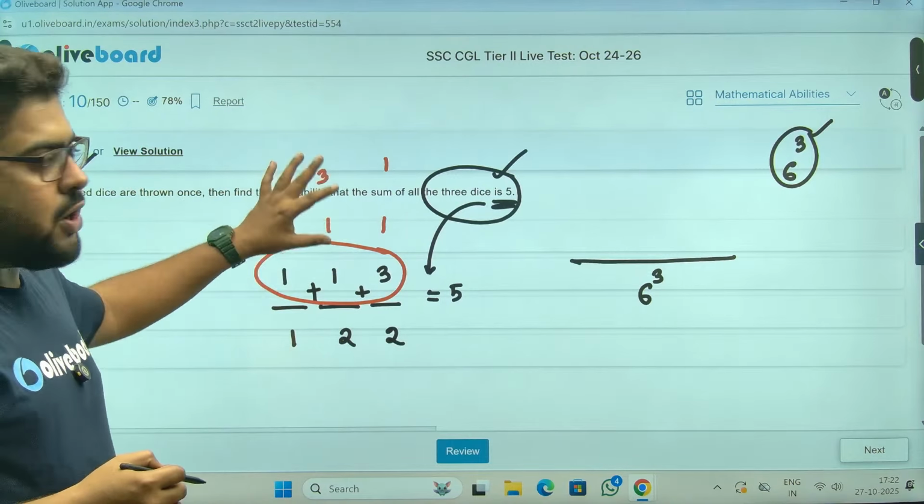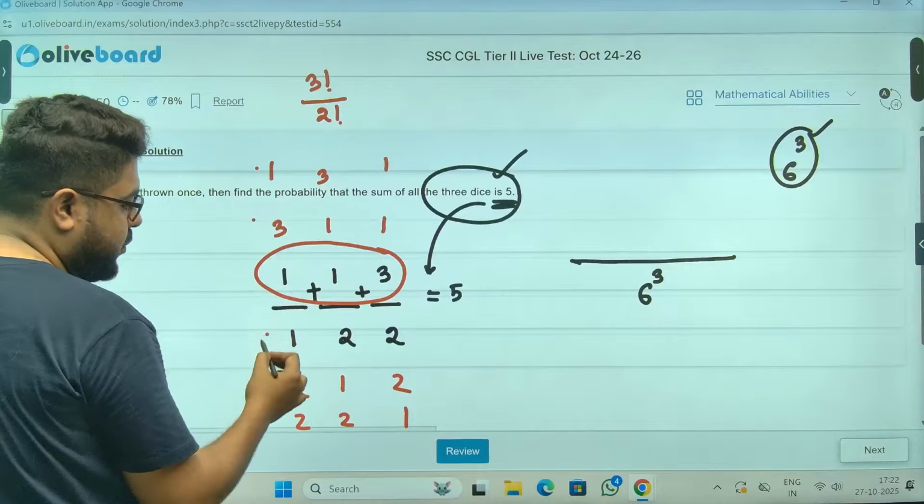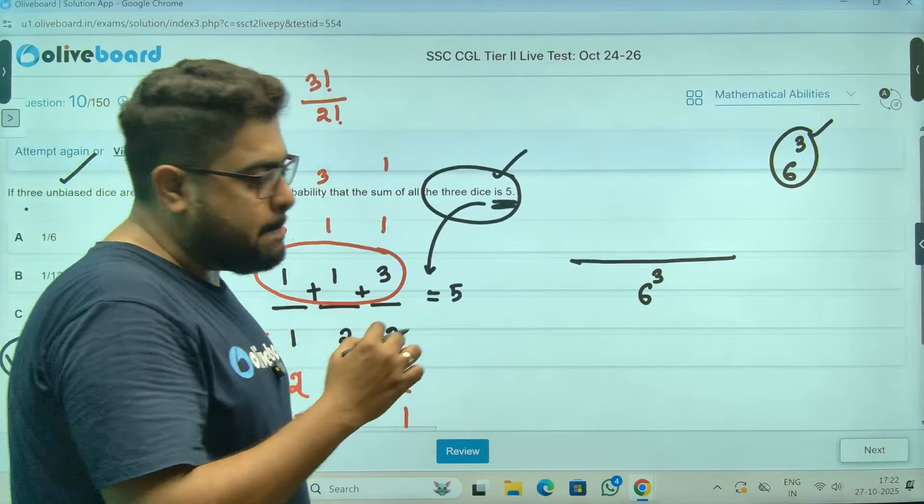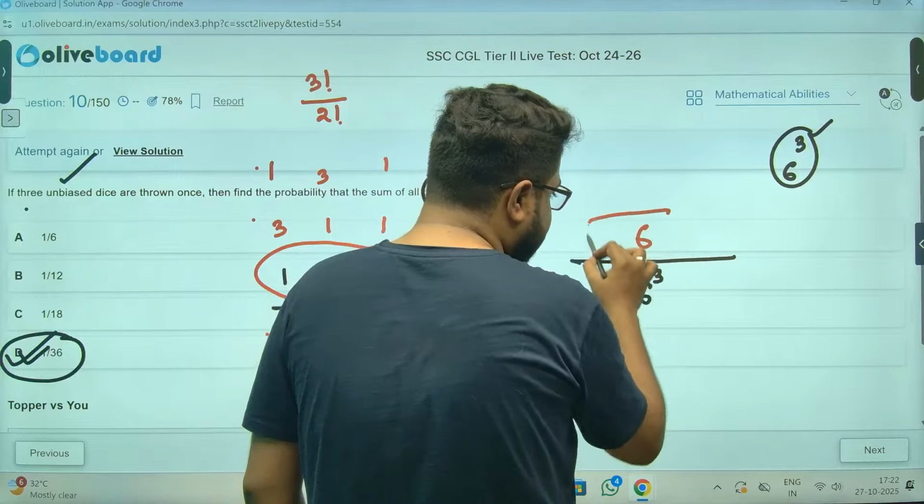Or you can think of it as 3 factorial by 2 factorial, because there are 2 ones. Same goes here because there are 2 twos. So I can write 2, 1, 2, or 2, 2, 1. Total, 1, 2, 3, 4, 5, 6 possibilities.